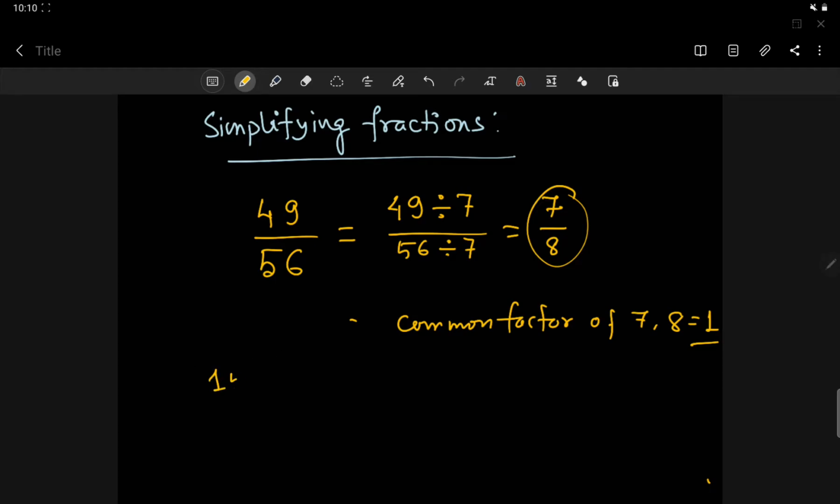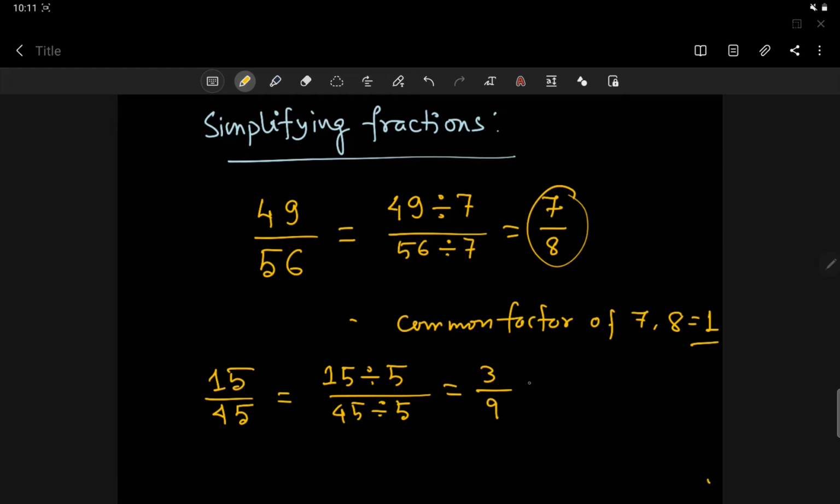Similarly, if I choose another example such as 15 by 45, at first you divide the numerator and the denominator by 5, then you will get 3 by 9.